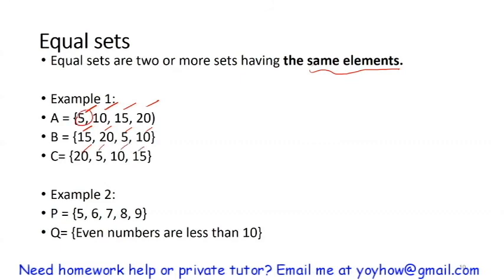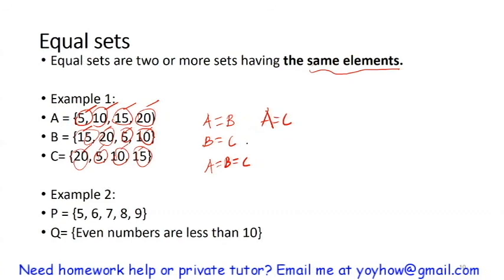We can see 5, 5, 5, the three sets have the same elements. Also 10, 10, 10, 15, 15, 15, and 20, 20, 20. So in this situation, we can say set A equals set B, set B equals set C. We can also say set A equals set B equals set C, or set A equals set C.